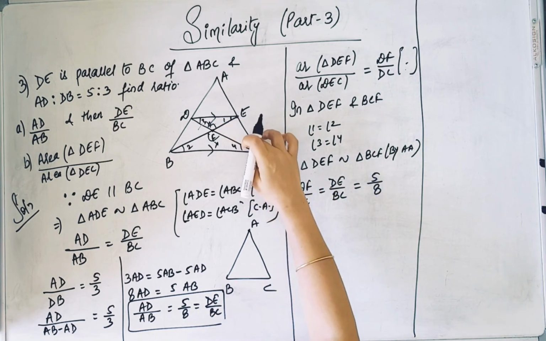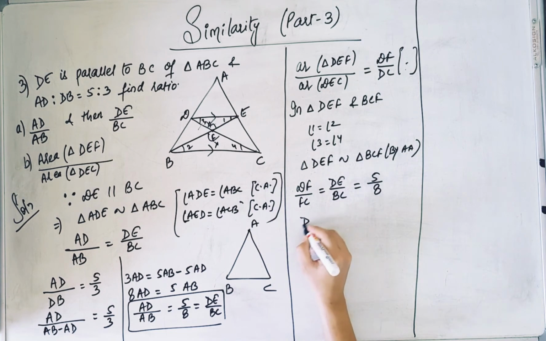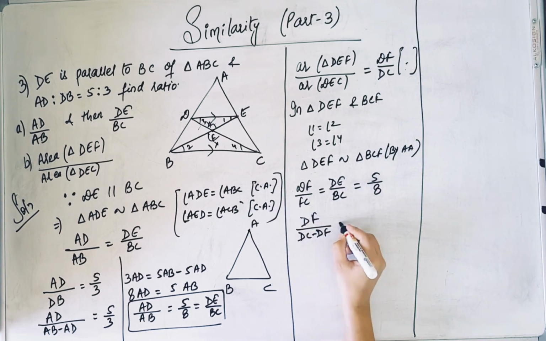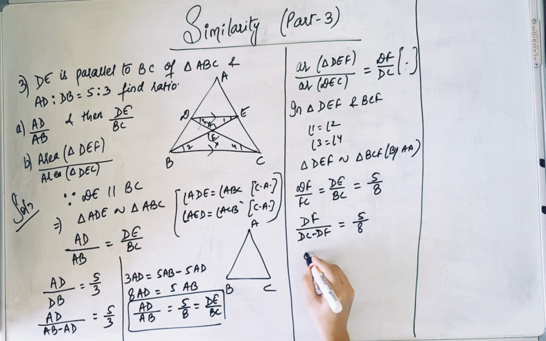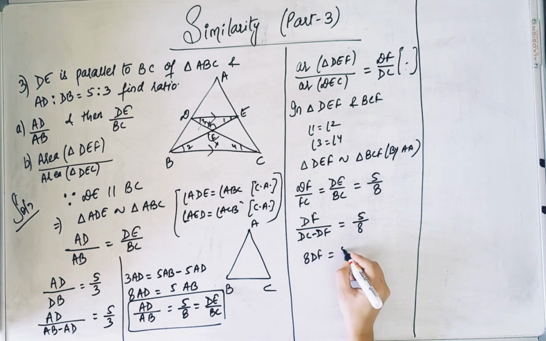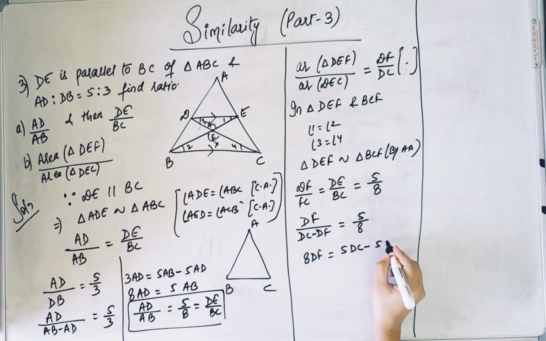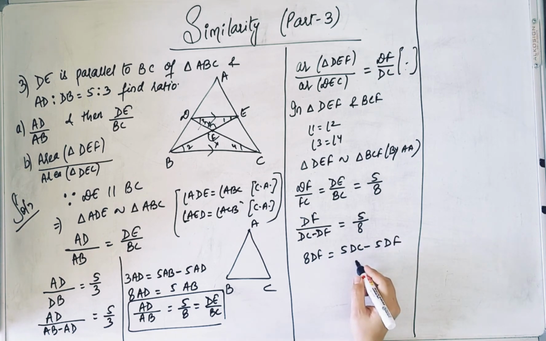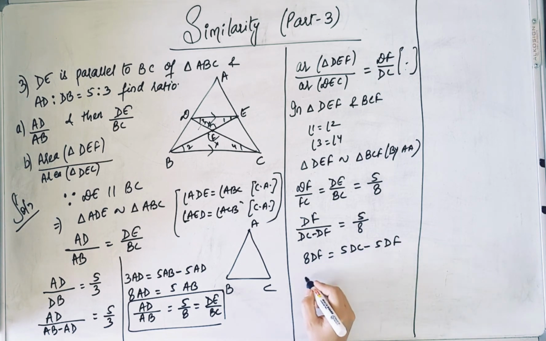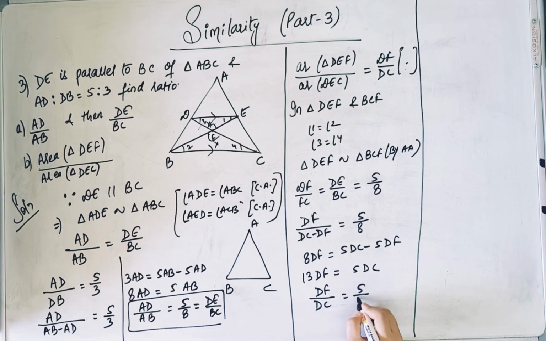In place of FC we want DC now, so we'll write DC minus DF. Thus we get 8 DF equal 5 times DC minus 5 times DF. Shifting 5 DF to this side, we get 13 DF equal 5 DC. Thus DF by DC is equal to 5 by 13.